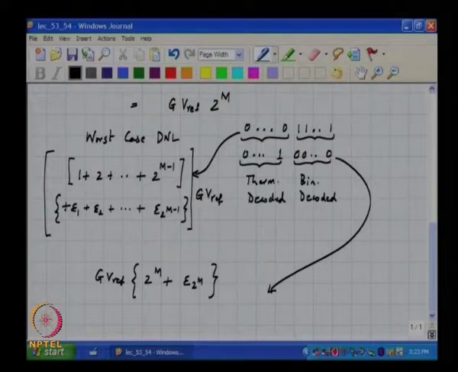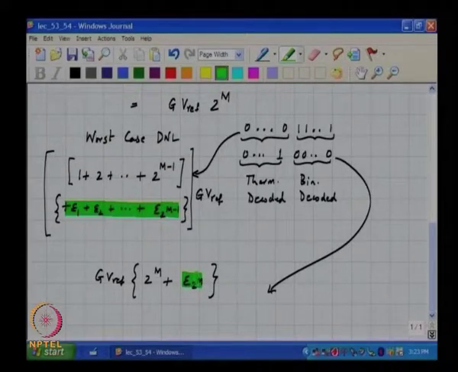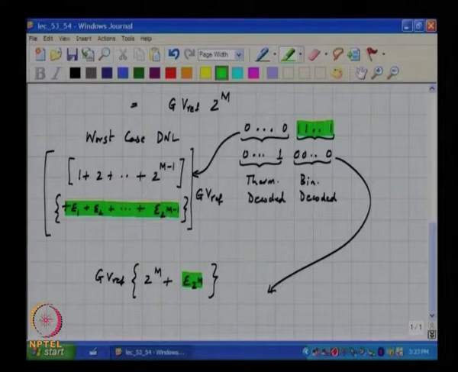All right. Now, can you comment about these errors and these errors, are they correlated or are they not correlated? They are not, because they are different sets of code sources. These are coming from the binary code decoded version, these are coming from the thermometer DAC. So, there should be no correlation between the errors in the thermometer decoded portion and the binary decoded portion, they are coming from different elements.